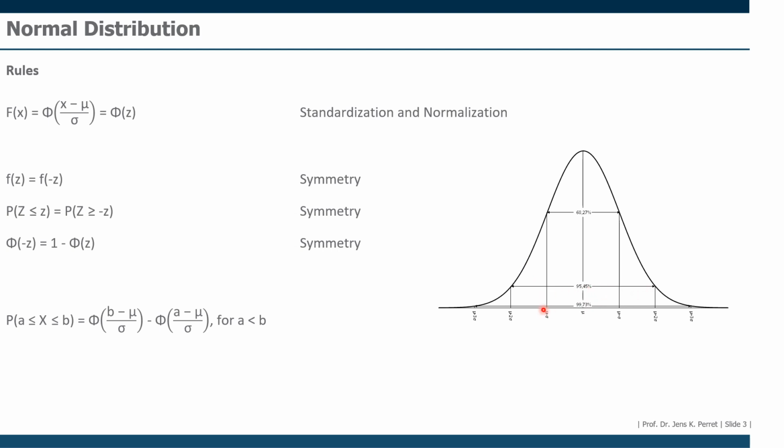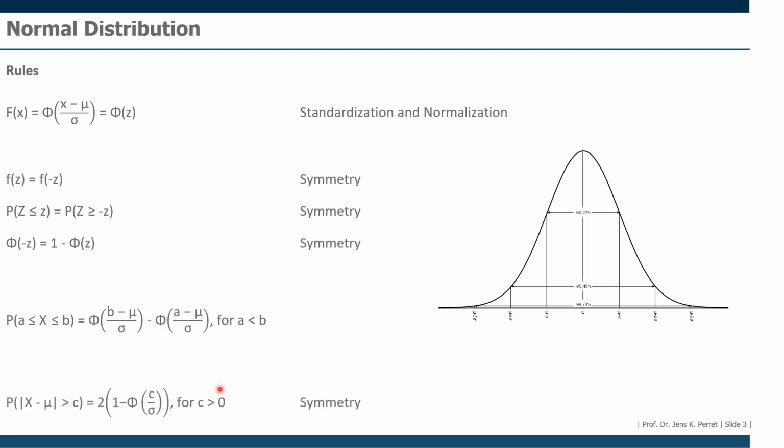If I want to know the probability of this area, x being between these two values, the first thing I'm going to do is calculate the area left of this part here. Then I'm going to subtract the area left of that part. I'm left with the area here inside this middle part. So it's actually pretty straightforward.